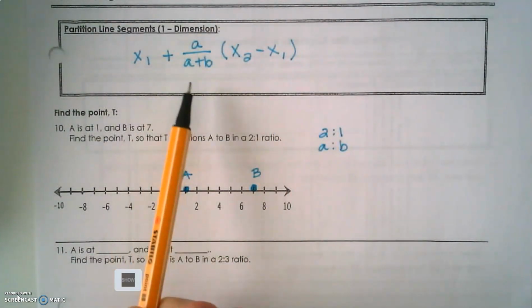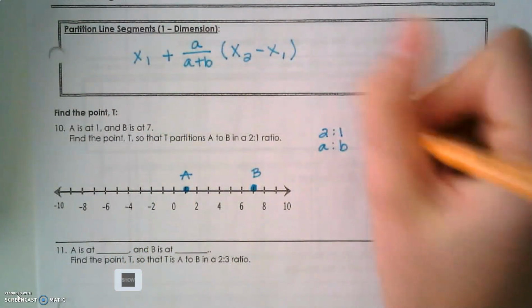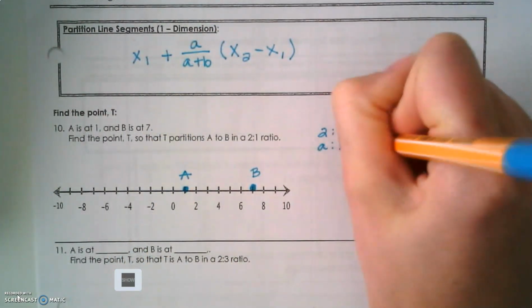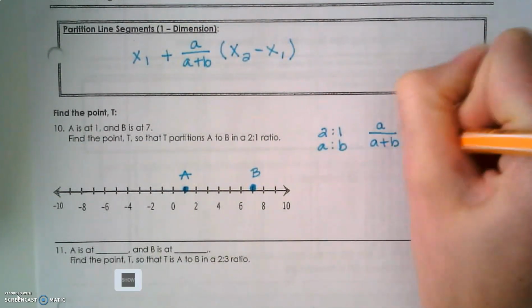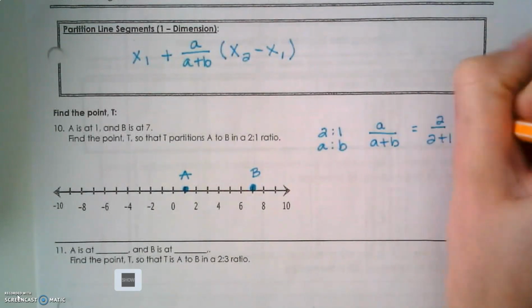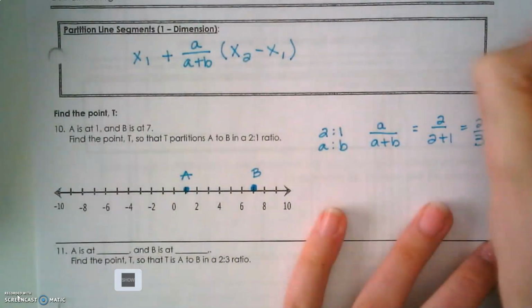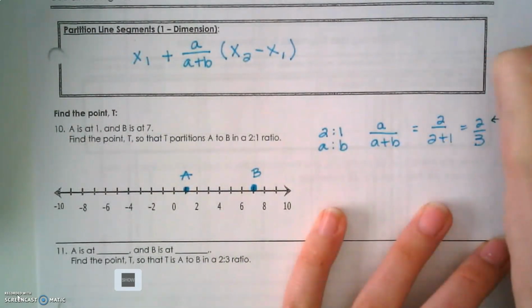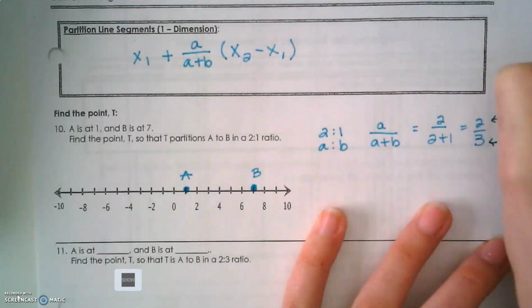Now, this 2-to-1 ratio is really little a to little b. That's where this fraction comes in. So, a over a plus b becomes 2 over 2 plus 1, which is 2/3. So what this means to me is I want the second cut out of 3 total cuts.